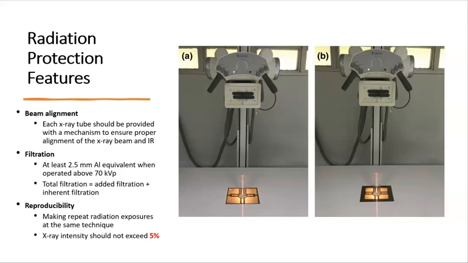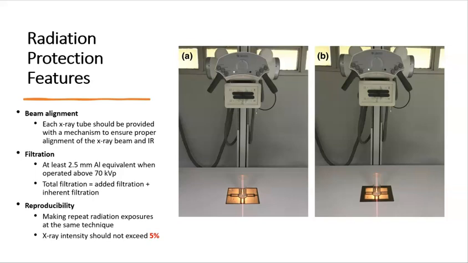We also do a test checking the reproducibility of our equipment, okay? So making repeat radiation exposures at the same technique over and over and over, okay? The X-ray intensity should not vary by more than 5%. So you take an X-ray, let's say 70 at 10, and you get a reading. You take it again, and we have a meter in there measuring, okay?